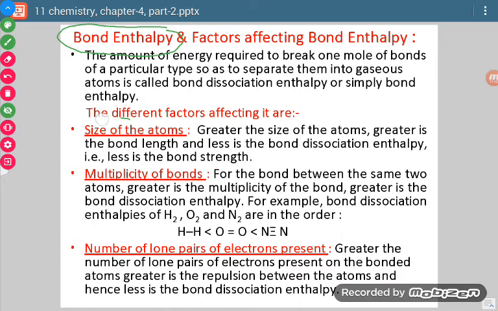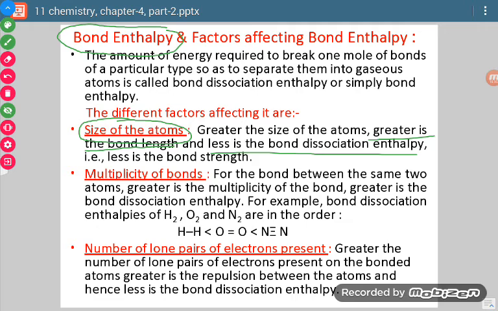Now if the size of the atom is larger, what will happen? The attractive force of the nucleus will be less, so the energy required to break it will be less. So greater is the bond length, lesser will be the bond dissociation enthalpy.